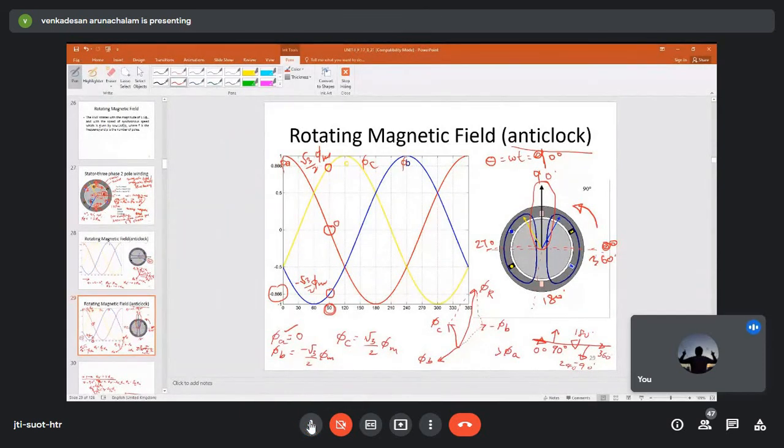You simply add 0 minus root 3 by 2 phi m plus root 3 by 2 times phi m. What are you getting? 0. Is that procedure right? Can I add like that?